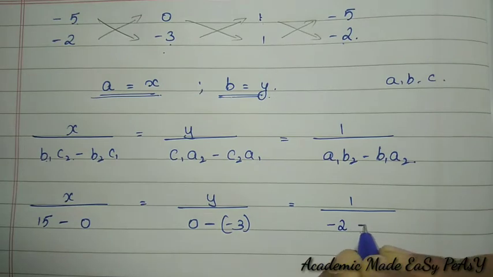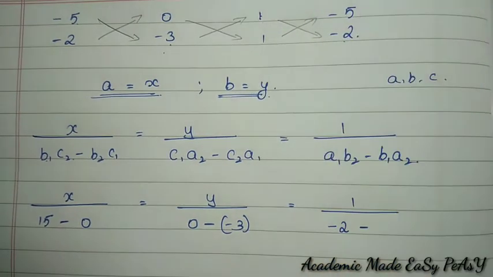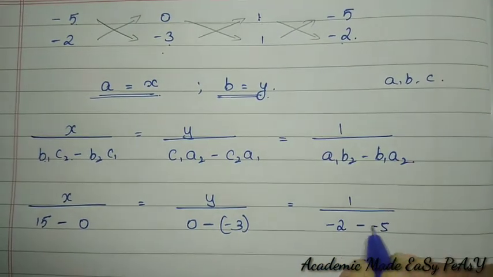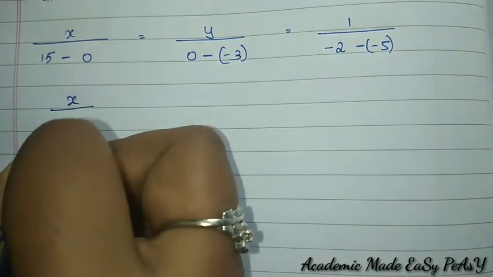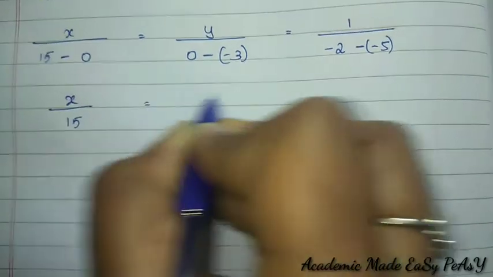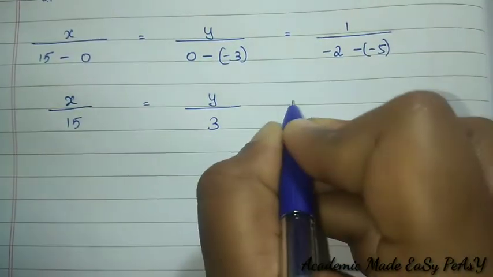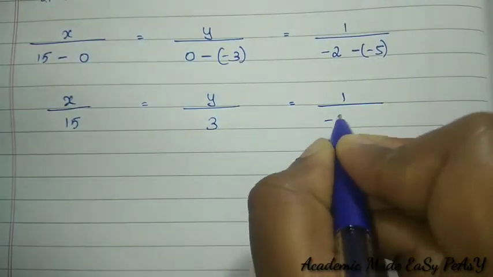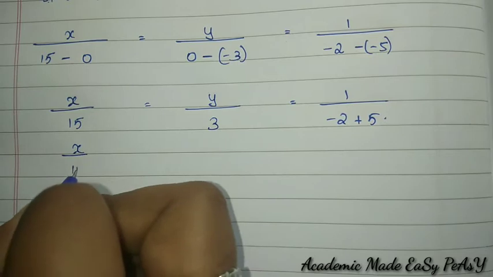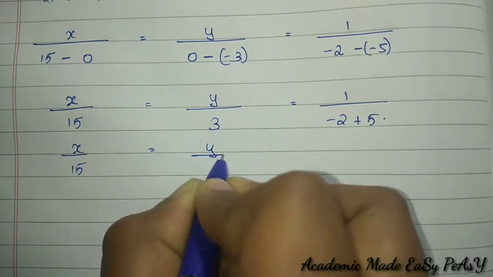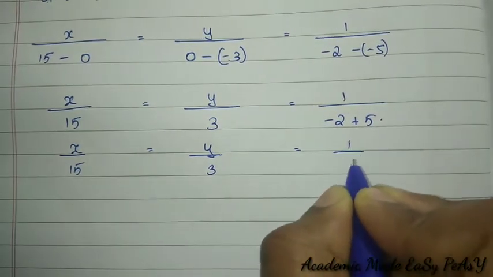Minus 2 minus 1 into minus 5 is minus 5. So therefore x divided by 15 is equal to y, minus into minus is plus. So 3 is equal to 1 divided by minus 3 plus 5. So I will have x by 15 is equal to y by 3 is equal to 1 by 3.